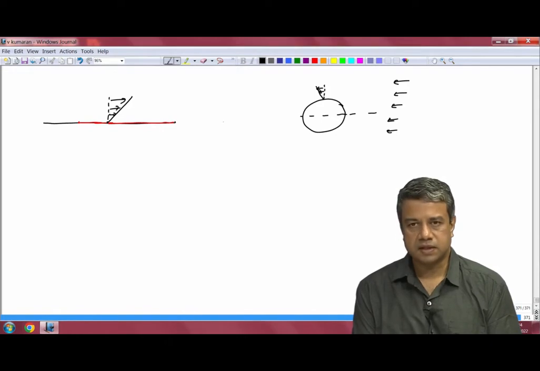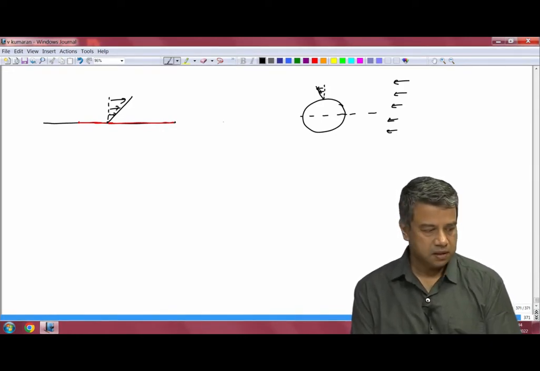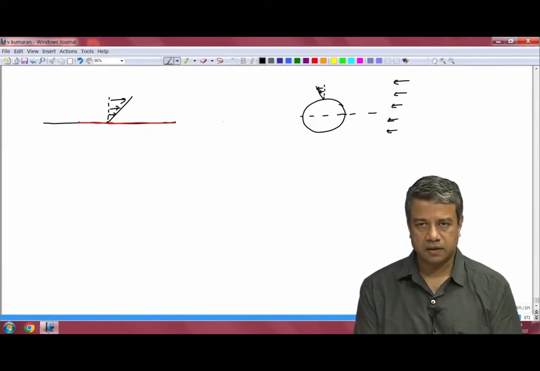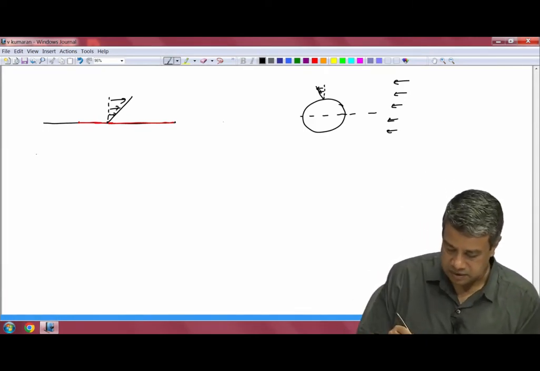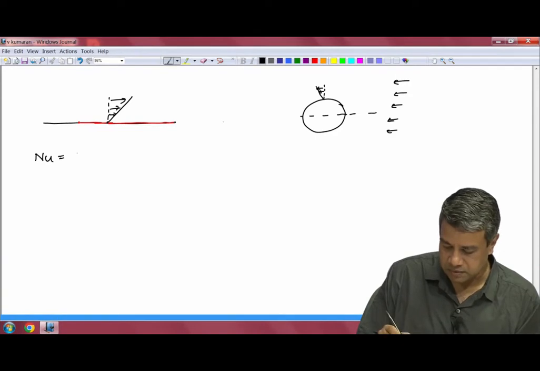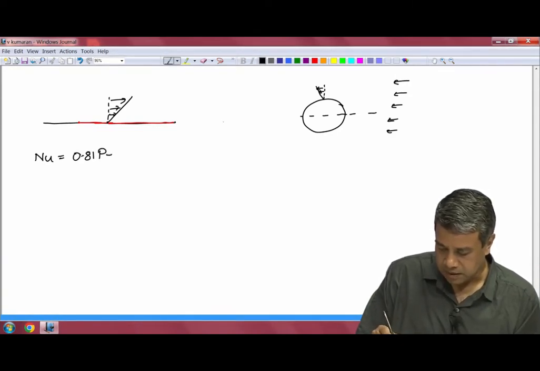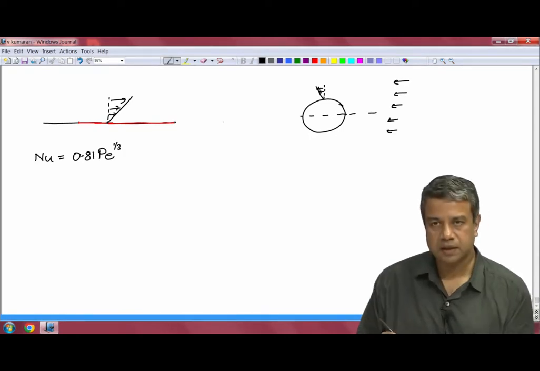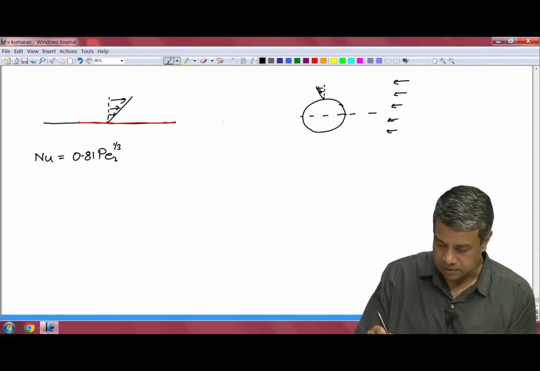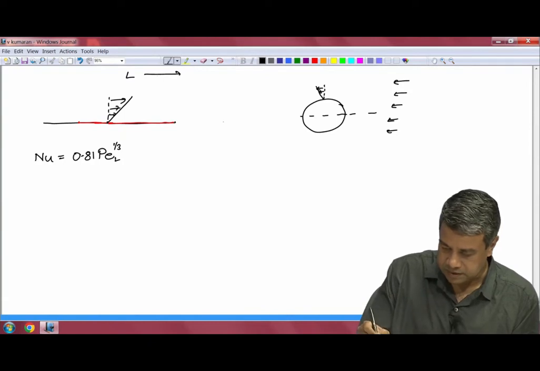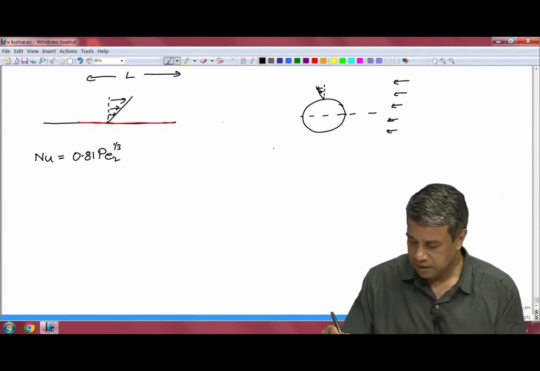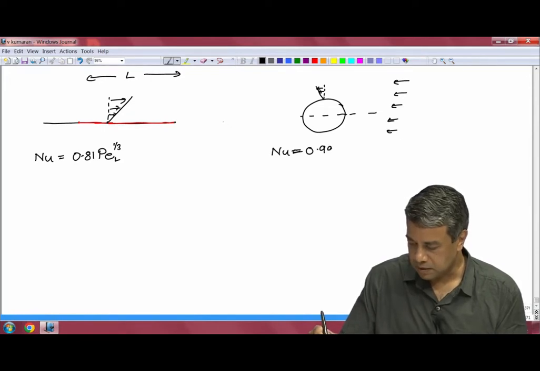In both cases the velocity decreases to 0 at the surface, and in both cases there were some common features that we had found. In both cases, if you recall, the Nusselt number correlation was Nu = 0.81 Pe_L^(1/3), where L is the total length of the surface. The Nusselt number was equal to 0.992 Pe^(1/3).